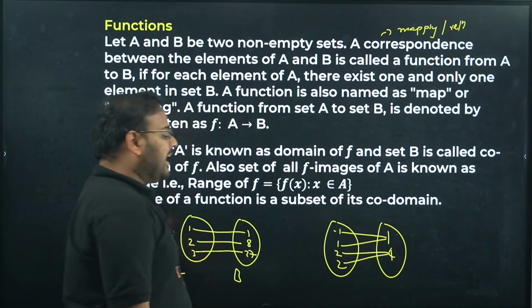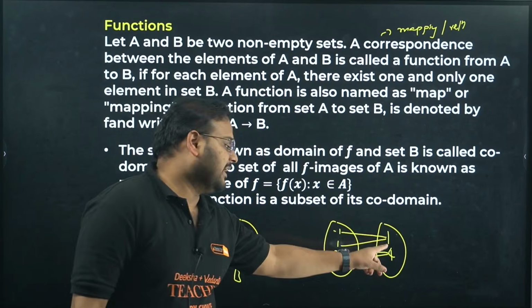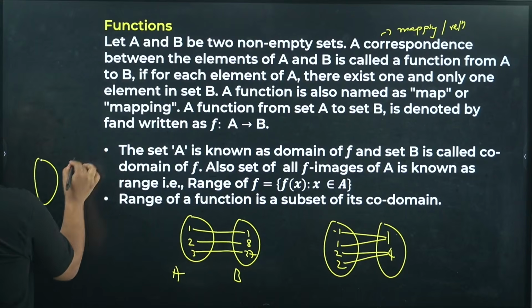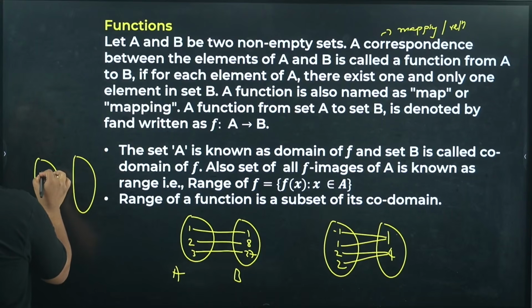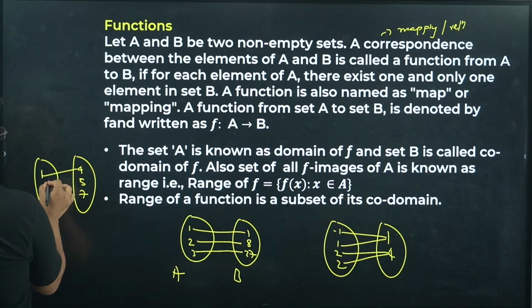Again, for the element 2, the number is mapped to only one element in the set B, the codomain. You will never have this result: let's say 1, 2 in A and 3, 4, 5, 7 in B. 1 will not be mapped to both 4 and 5, and 2 will not be mapped to both 5 and 7. This is not possible.